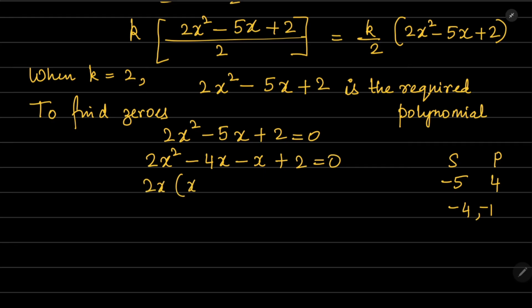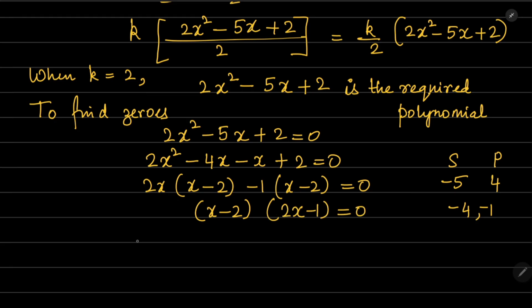Take 2x common out, so you will have x minus 2, minus 1 common out, x minus 2 equal to 0. So the factors are x minus 2 into 2x minus 1 equal to 0. Either x minus 2 equal to 0, which is x equal to 2, or 2x minus 1 equal to 0, or x is equal to 1 by 2.